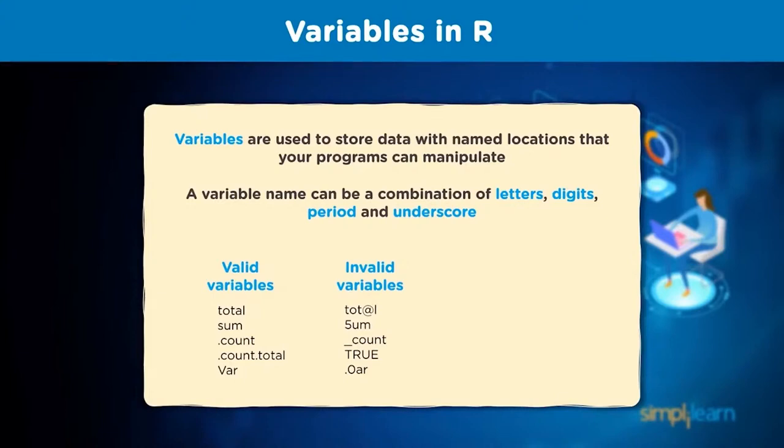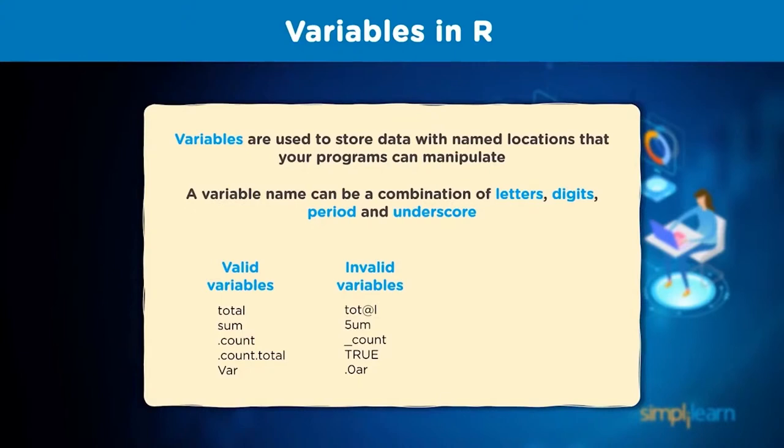And remember, R is case sensitive. So whenever we declare a variable, we need to remember what case was used in the name of the variable. There can be other conventions also, such as using an underscore or even using a case in between the variables. So variables can only consist of letters, numbers, periods, underscores, your dot followed by a letter, not a number.